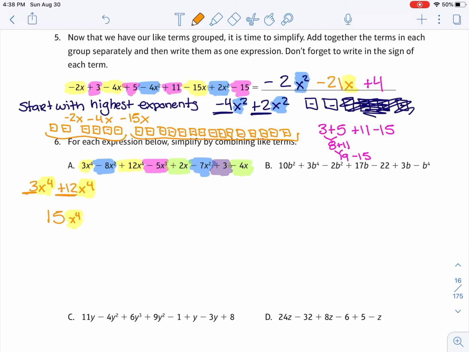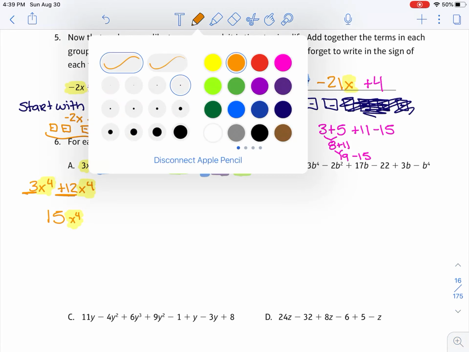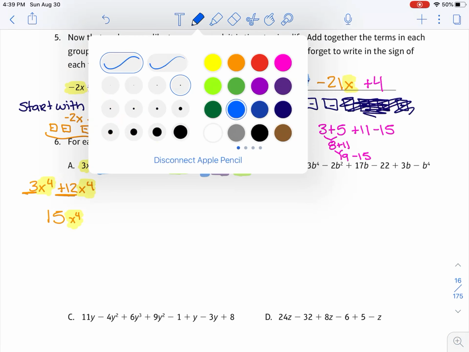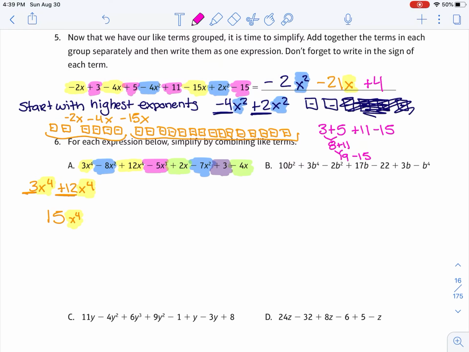So I have 15 x to the 4ths. Then I have my x to the 3rds because we're going in highest order to smallest order. I only have one of those, so that makes things really easy on me. I don't even have to combine, it's just that thing.